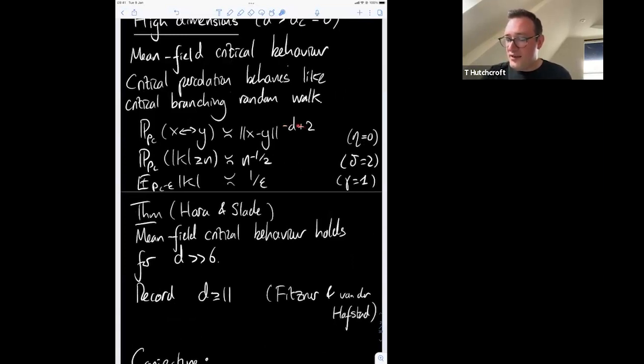They proved the analogous estimate for the Fourier transform, and proving the pointwise bound for specific x and y was done quite a lot later by, I want to say, Hara, Slade, and van der Hofstad, maybe in Sakai.